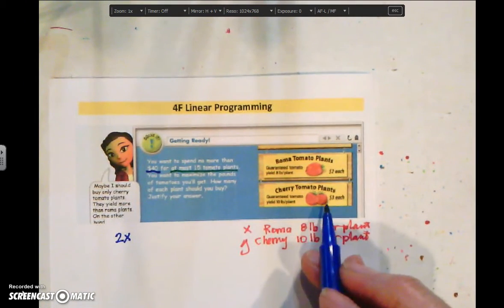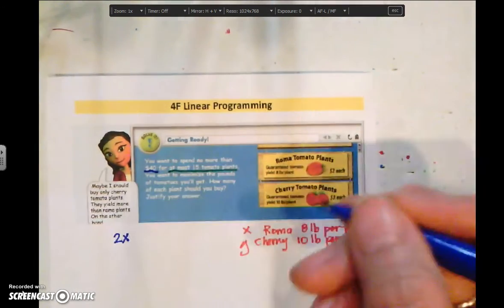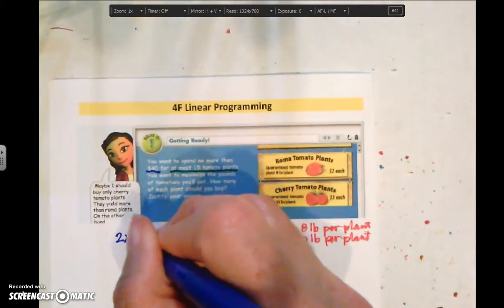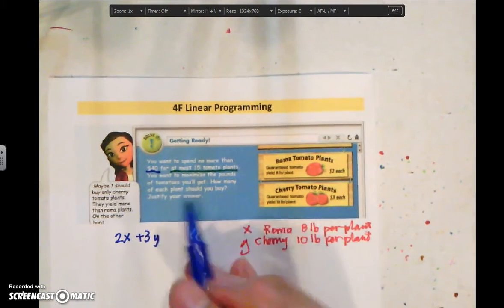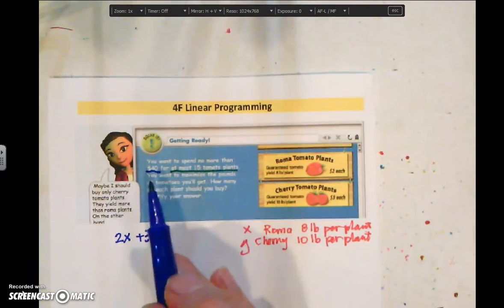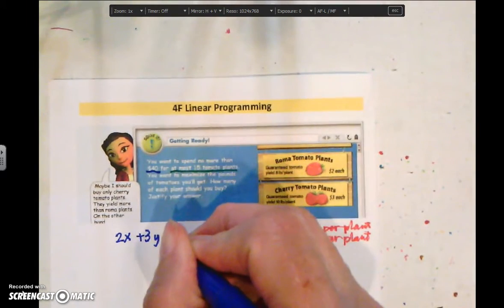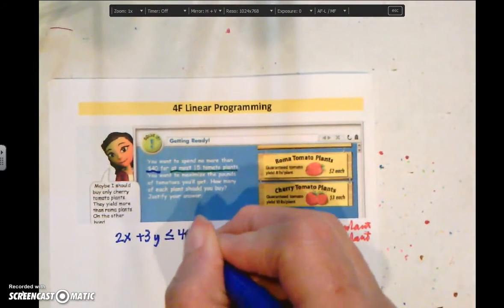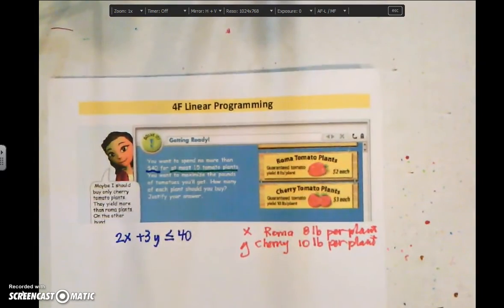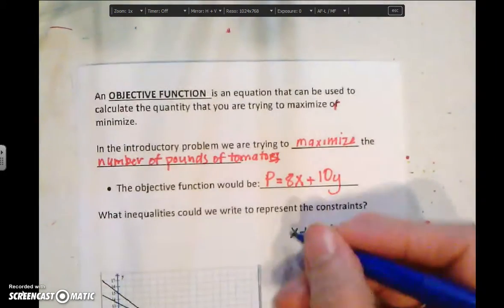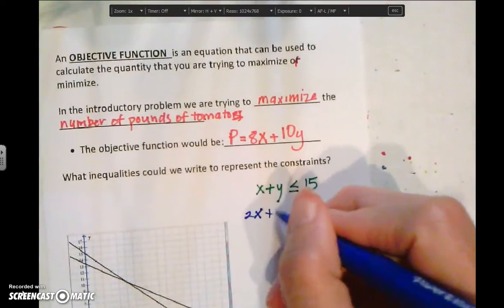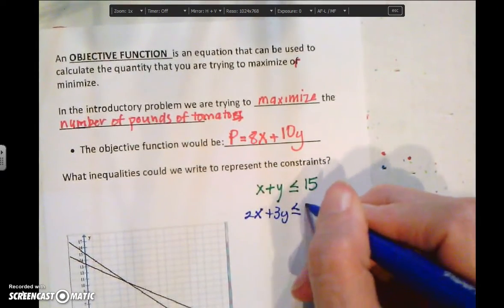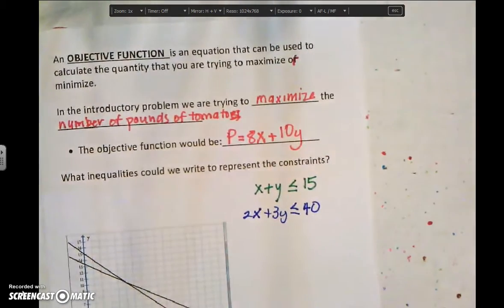And cherry plants are $3 each, and they were represented by Y, so 3Y is how much we'd spend on cherry plants, and it can be no more than $40. So again, less than or equal to 40 for that. So we have another inequality, which we're going to write over here: 2X plus 3Y is going to be less than or equal to 40.